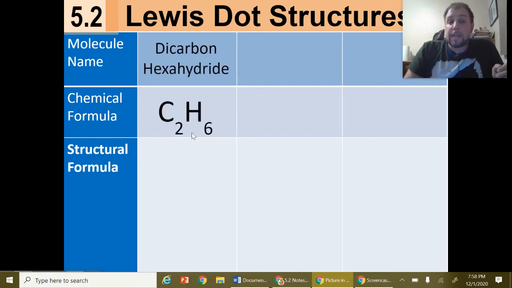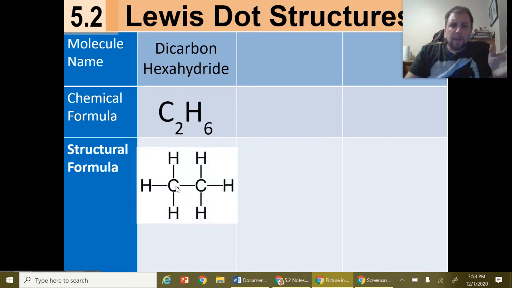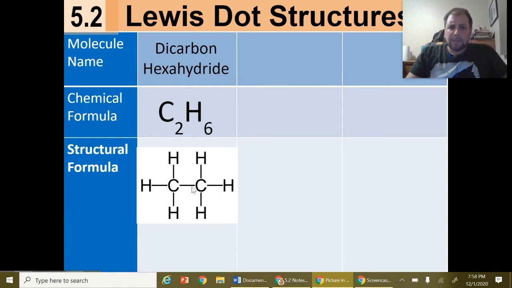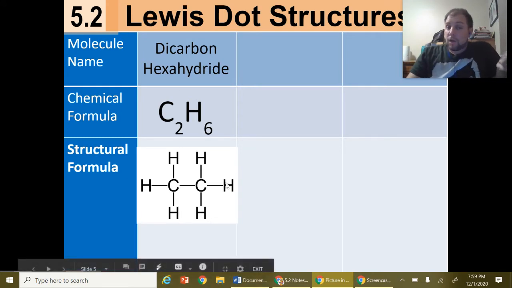This is its chemical formula, and its structural formula is this. There are two carbons and 6 hydrogens. The carbons are connected to each other, and each carbon is then connected to 3 hydrogens. That is the structural formula of dicarbon hexahydride.